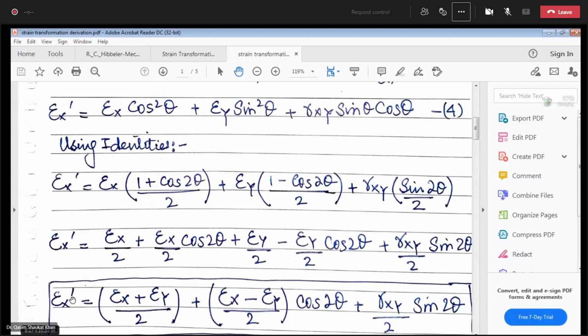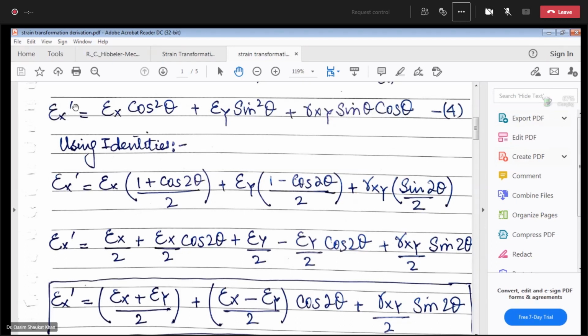But before this final version you had this version: epsilon x dash is equal to epsilon x cos square theta plus epsilon y sin square theta plus gamma xy sin theta cos theta. In this equation you put the identities, simplified, and got your final equation. So the second last equation, this one, is the main equation we are using now.